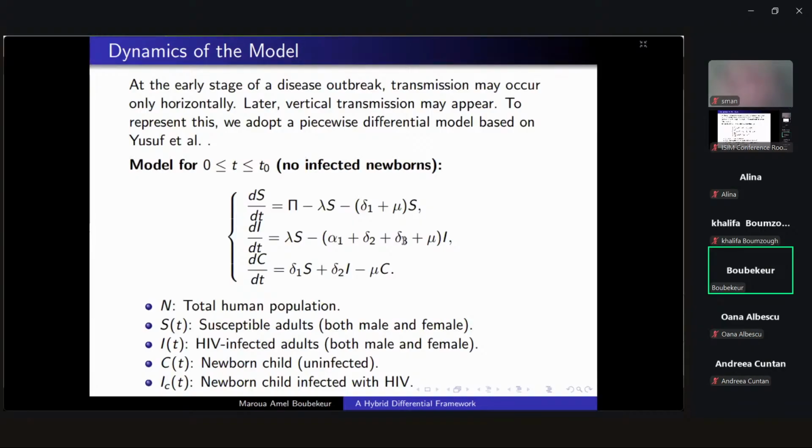Now we move to the epidemic model in the first phase. In the first, I will explain this model.